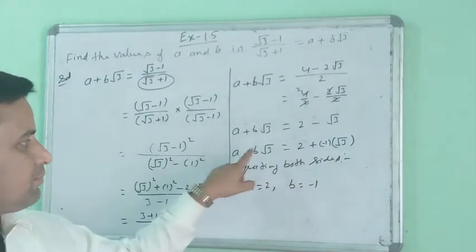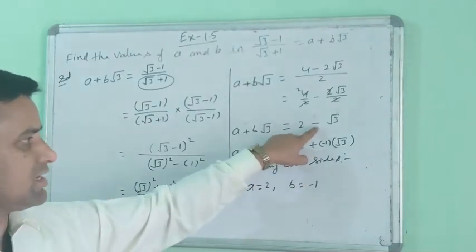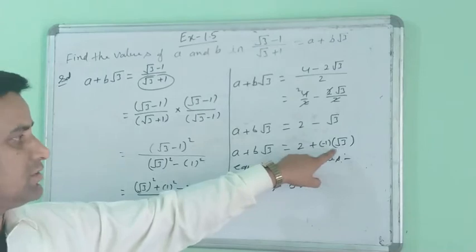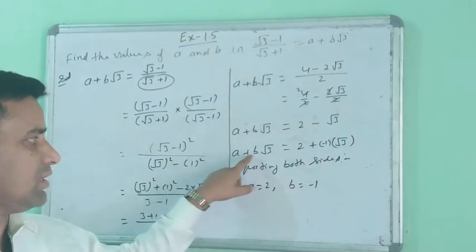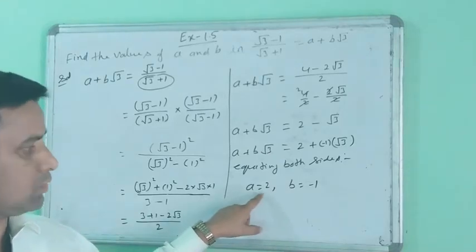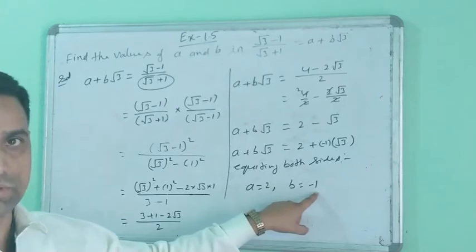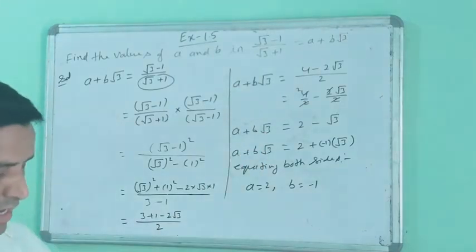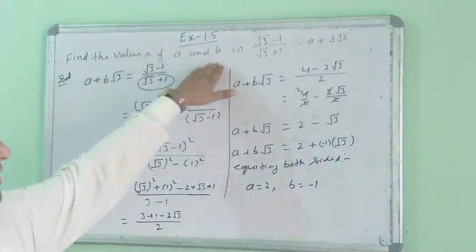This plus sign equals the plus sign, and this minus sign is converted to minus 1. So root 3 is equal to root 3, but you require only a and b here. The value of a equals 2 and b equals minus 1.